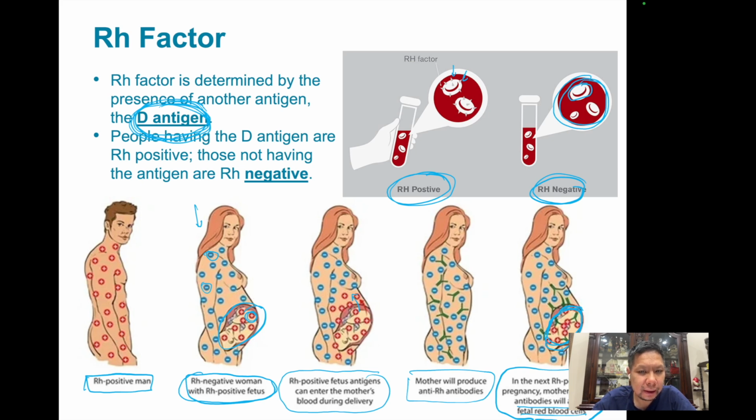If you're going to have a baby and get pregnant, it's really important to make sure whether the male is Rh positive or Rh negative, because if it's caught in time, there's medications for it, or you can make sure that the second baby is safe and all that stuff. If the male is Rh negative, then no big deal, but if the male is Rh positive, you definitely need to check that out.